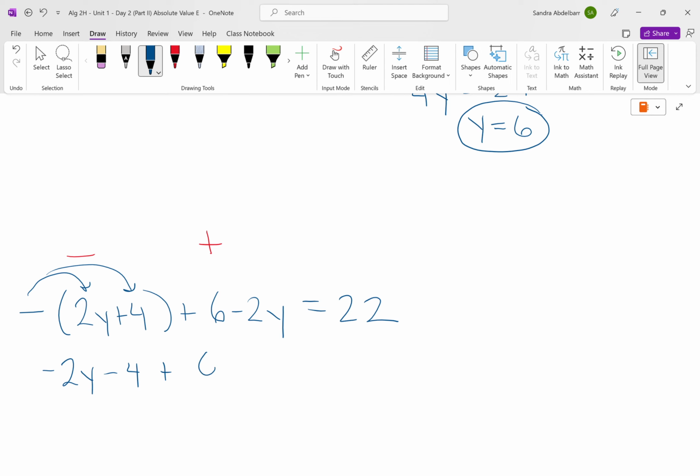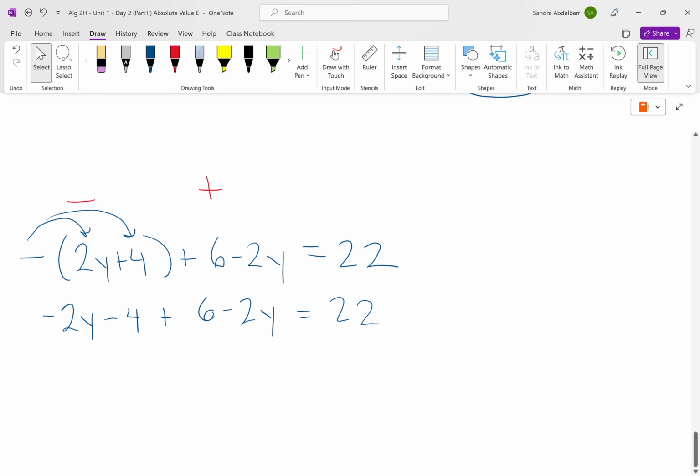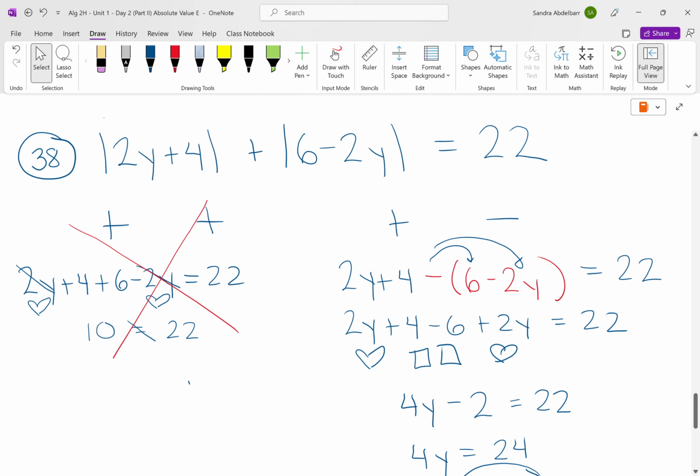Distribute in that negative. So here we're going to have negative 2y minus 4 plus 6 minus 2y equals 22. Combine our like terms. Negative 4y plus 2 equals 22. Y will equal negative 5.